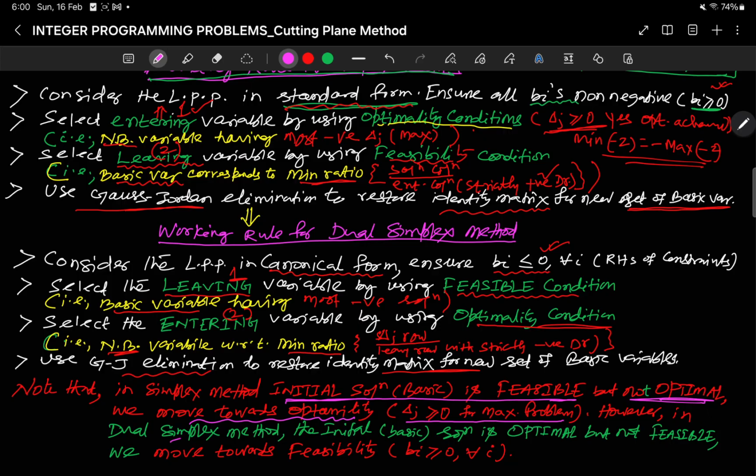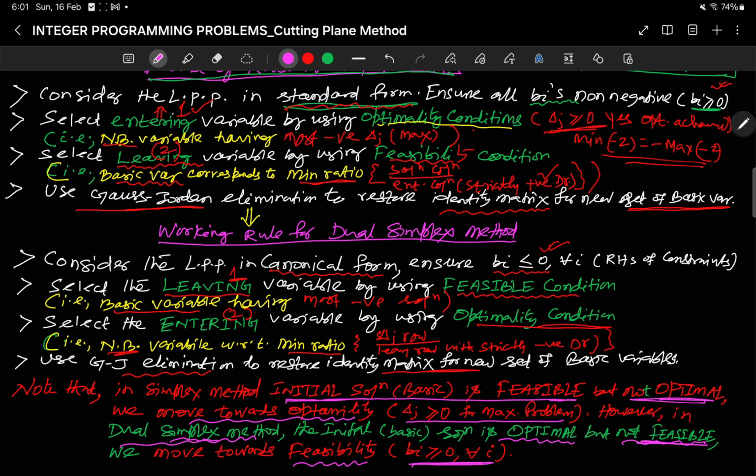However, in the dual simplex method, the initial solution is optimal but not feasible. That means the solution may be negative. We move towards feasibility, that means we achieve a non-negative right hand side.